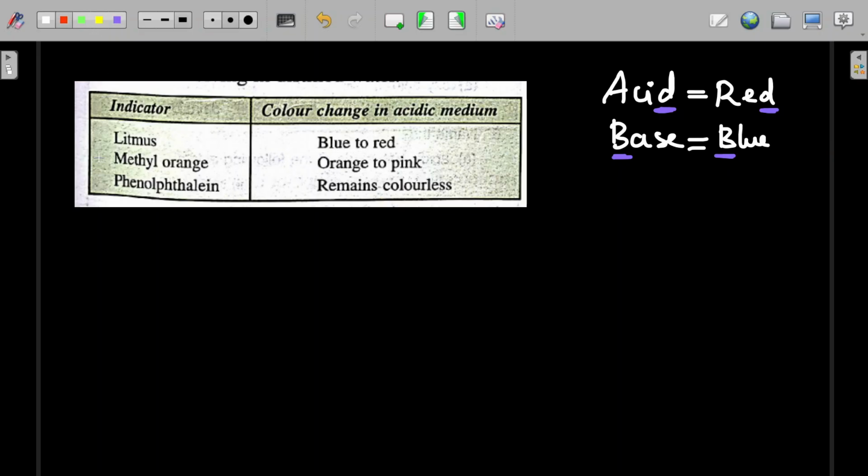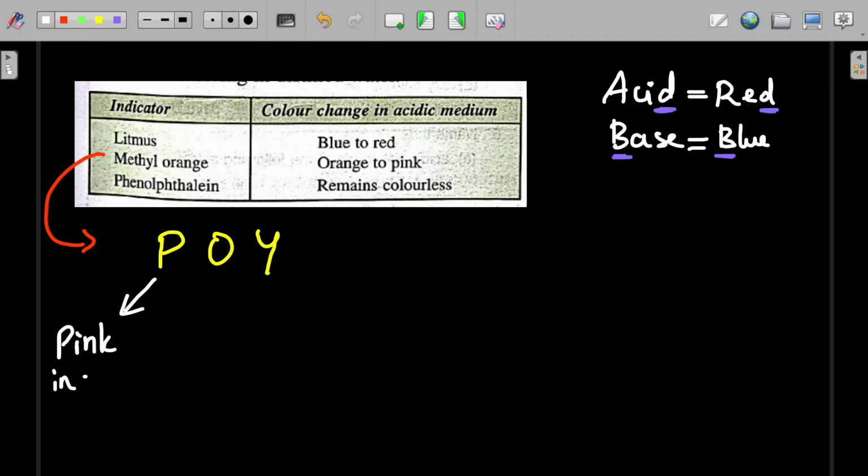Talking about methyl orange. For this, I think in the regular class I told you one mnemonic to remember: POI. P for pink, pink in acid. Y for yellow, yellow in base. And what is O?